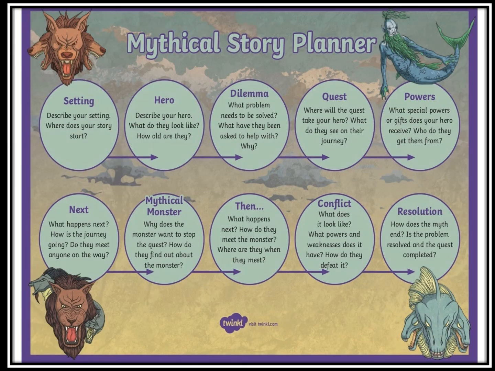Now, when I start writing, what do I search for? How do I start my writing? I start to describe the setting, describe the hero, describe the problem, the quest. What is the hero supposed to do? Describe the special powers that the hero had or the mythical monster had. Describe how the hero defeated the monster. Describe who helped the hero.